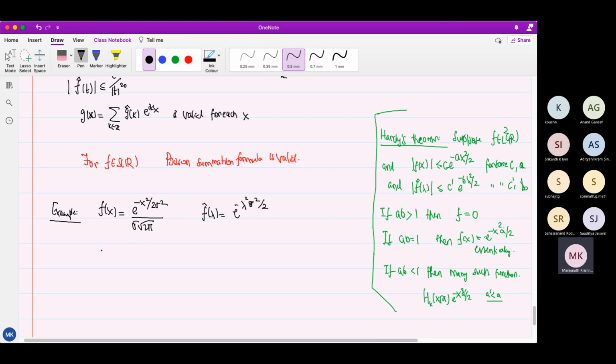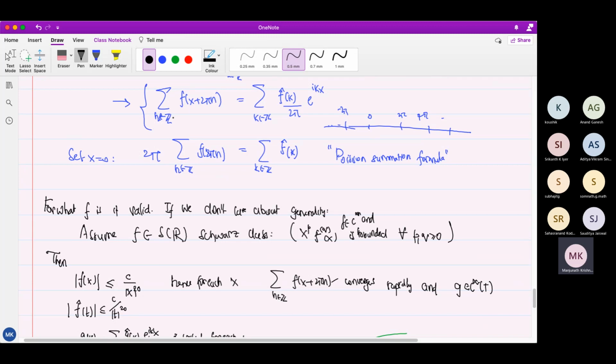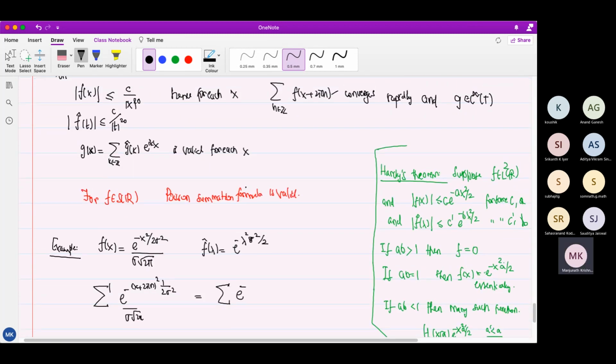So what we get is that Poisson summation, if you apply it here in this form, the sum of f of x plus 2 pi n will give me e to the minus lambda square.